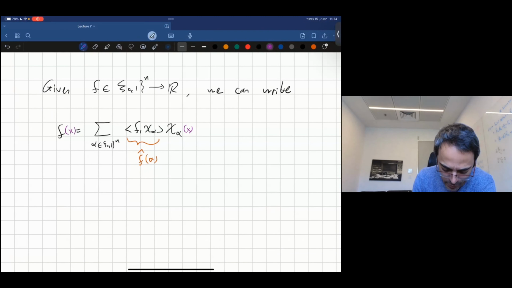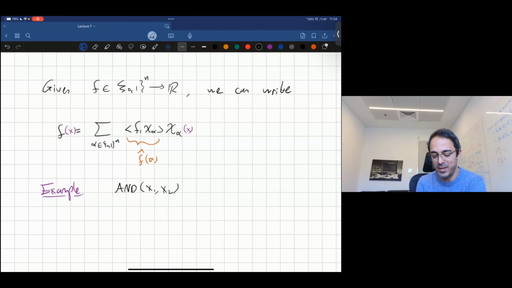But let's look at an example before moving on. So let's do AND. There's no function much simpler than the AND of two input bits. Let's find the Fourier representation, namely this decomposition, when f is just the AND of two bits.